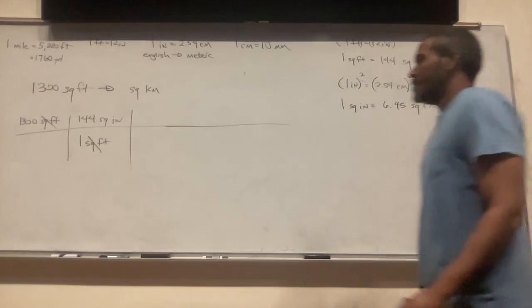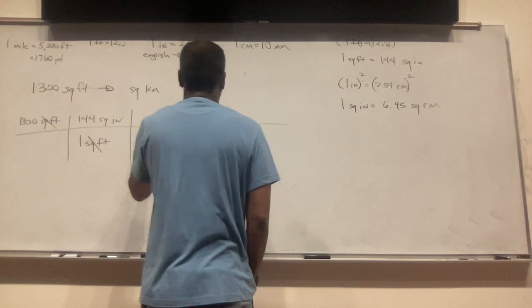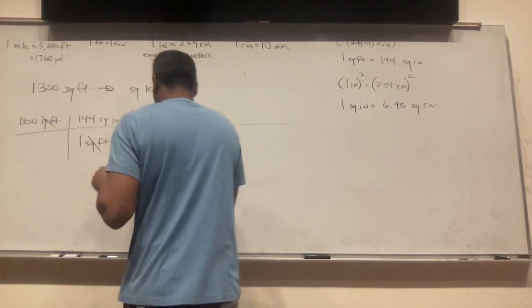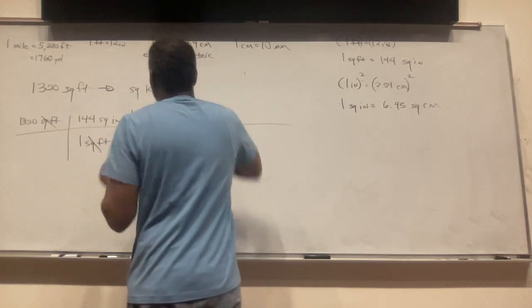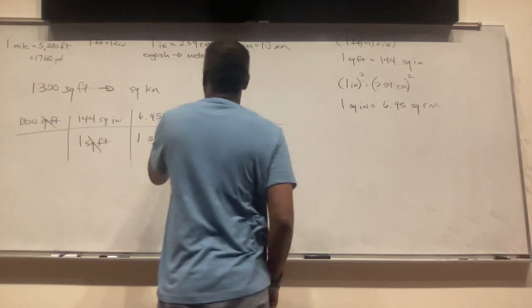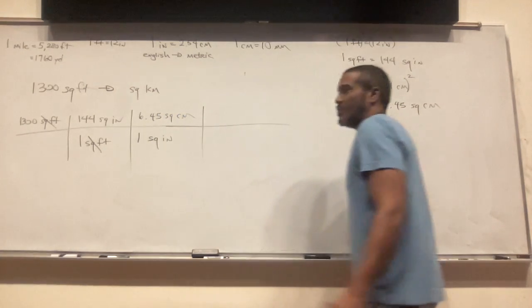So now I have 1 square inch is 6.4554, whatever, 45 square centimeters.